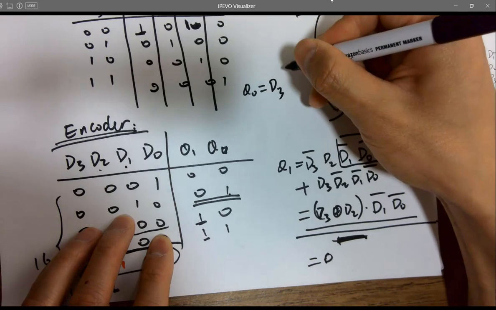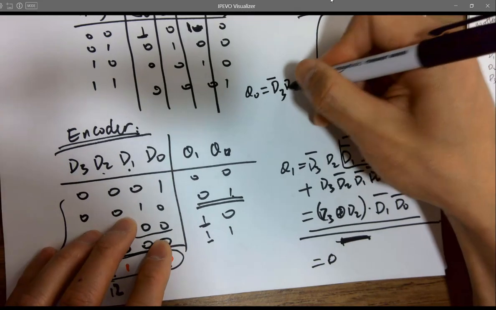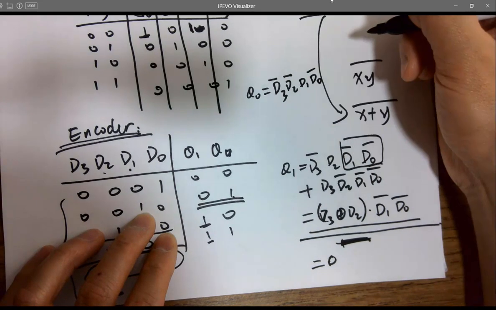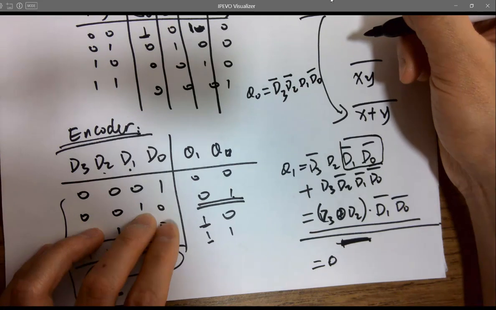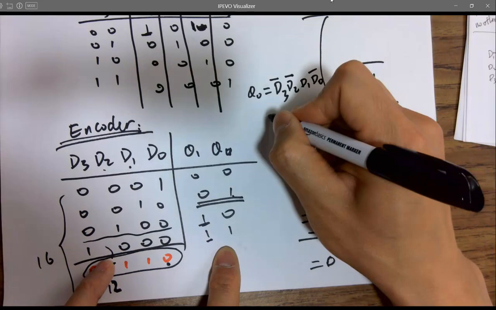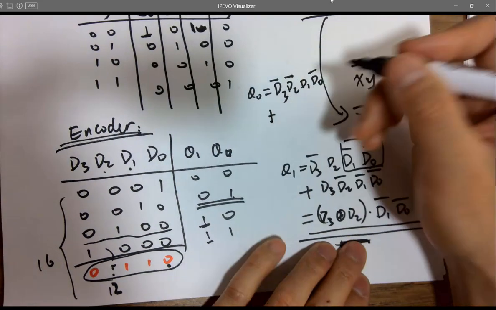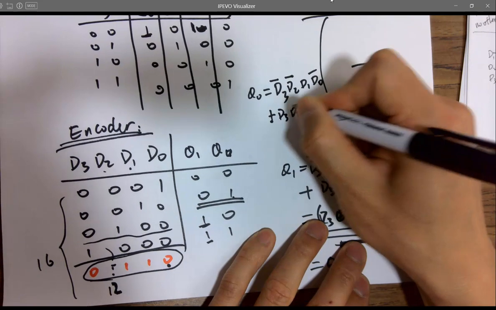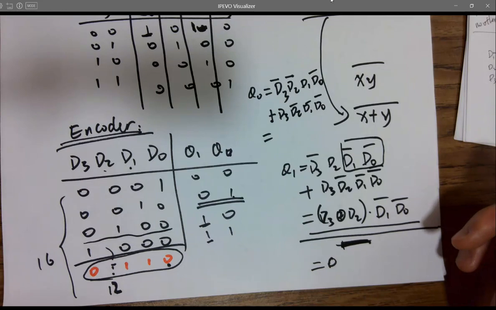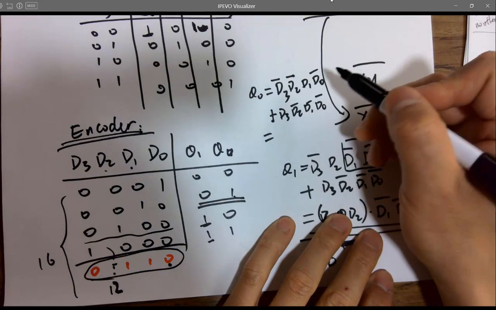D3, D2, D1, D0 not. Right, for Q0. And then the last one, that's right.